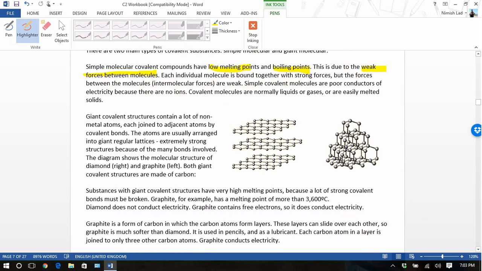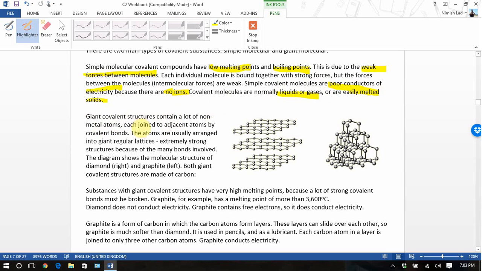So think about carbon dioxide: that carbon is bonded to that oxygen very strongly, but between that carbon dioxide and another carbon dioxide molecule, there are weak forces, so they're easy to separate. Low boiling point, low melting point. They're also poor conductors of electricity because they have no ions, and they are normally liquids or gases, or they can be easily melted to be turned into liquids from being a solid.